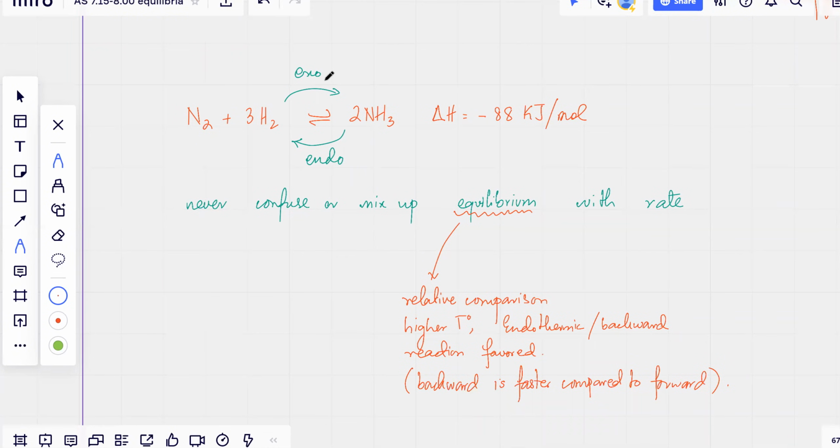Maybe both of them are decreasing in speed, maybe both of them are increasing in speed, but still, the backward is faster compared to the forward one. It's not an absolute comparison. Is this idea clear?